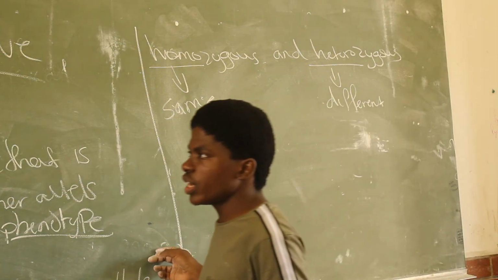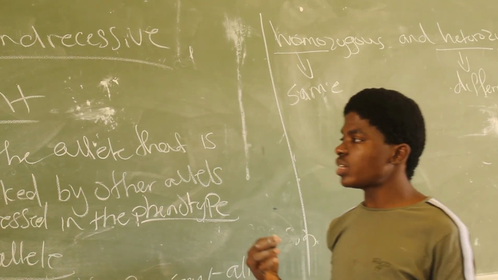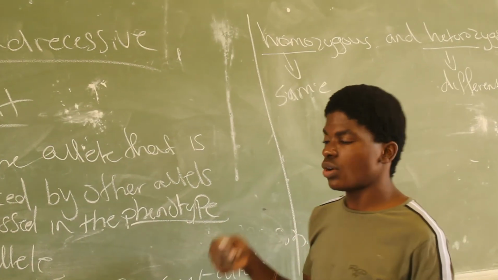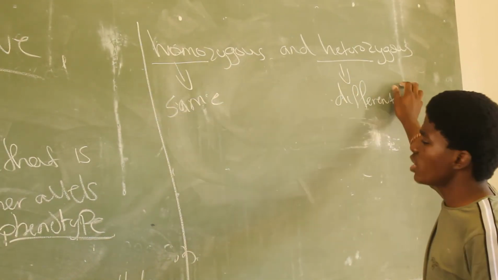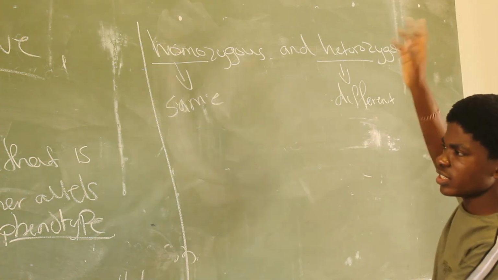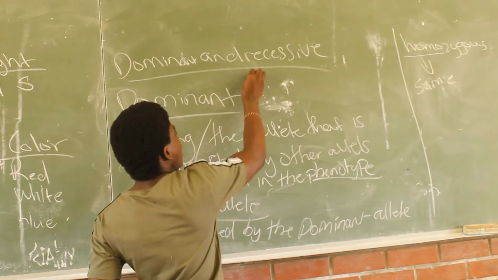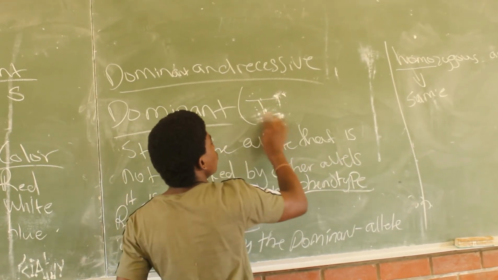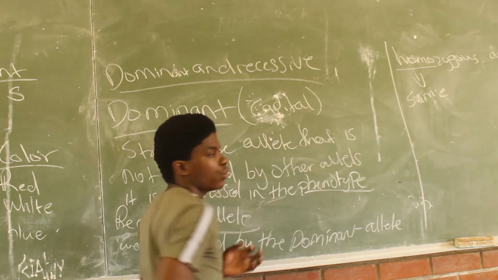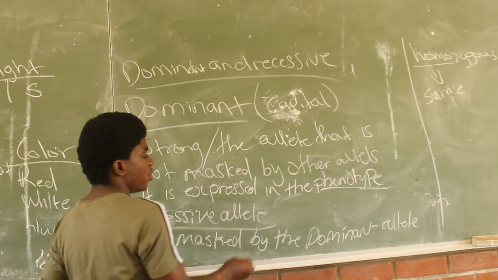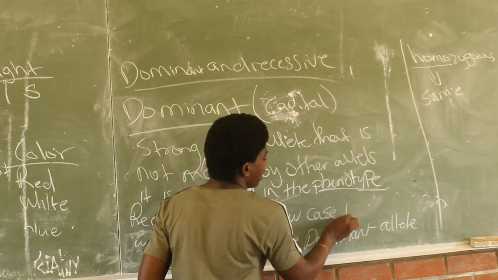So we now know that we have a gene, a gene has alternative forms, and those alternative forms can either be dominant or recessive. Now we are talking about homozygous and heterozygous. Let's backtrack a bit. A dominant allele is shown with a capital letter, and a recessive allele is shown with a lowercase letter.